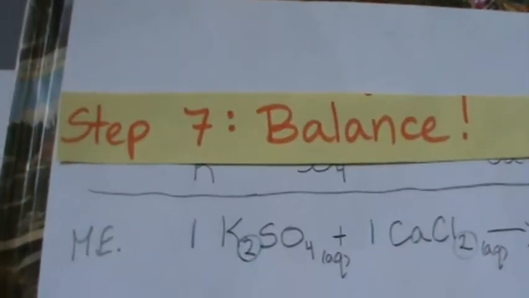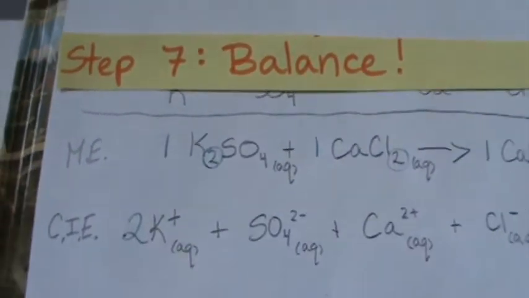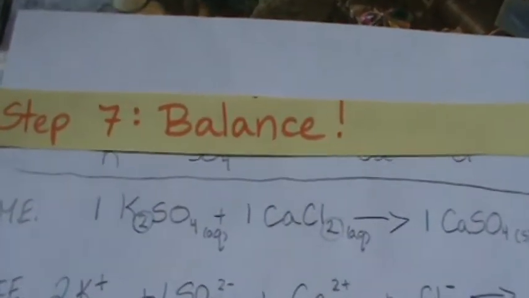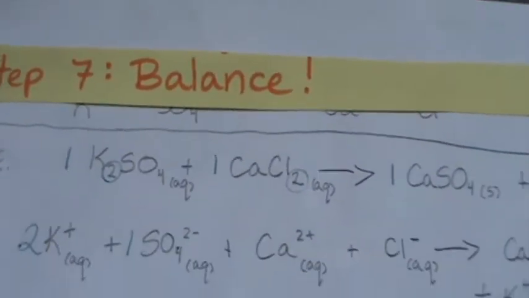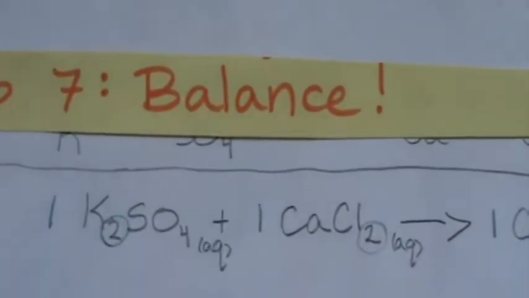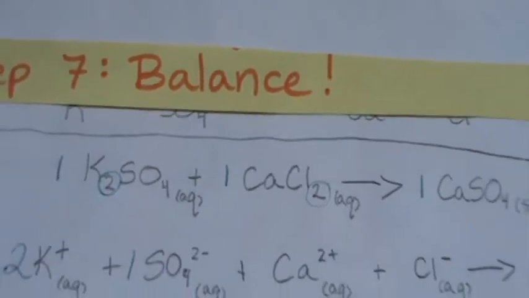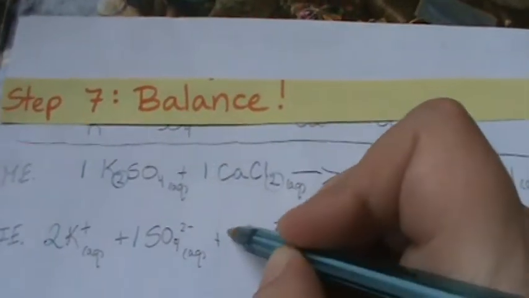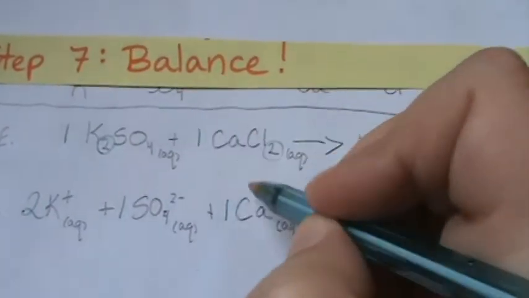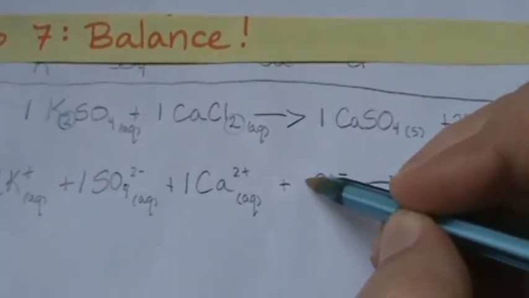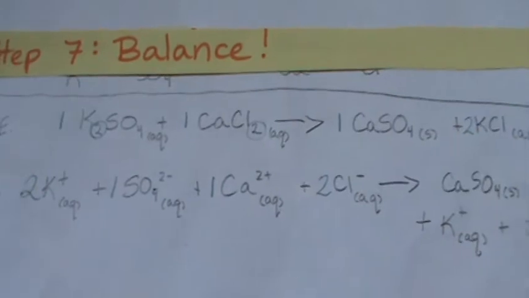And then it says I have 1 potassium sulfate and there's only 1 sulfate there. So I can put a 1 there. And now I come to my calcium chloride, and I see that I have 1 calcium, but there's 2 chlorides in a single calcium chloride. So this will be 1 because I have that 1 there, and because I have this 2, this will be a 2.